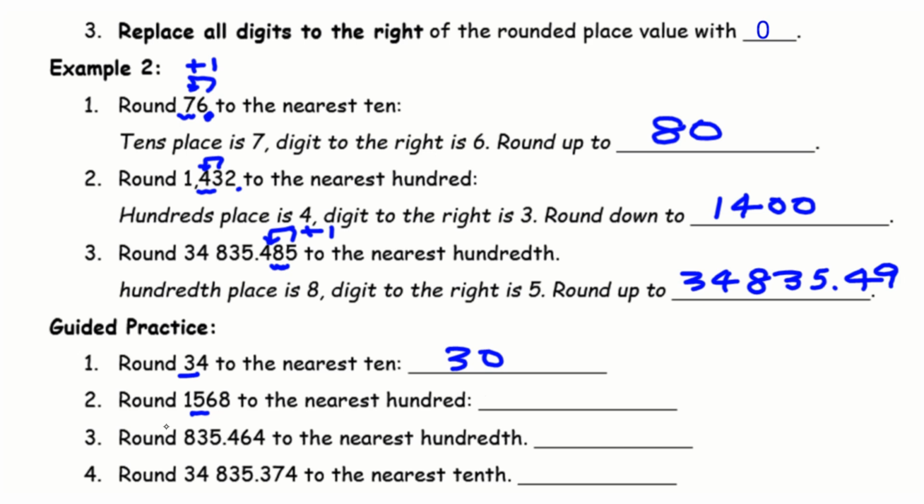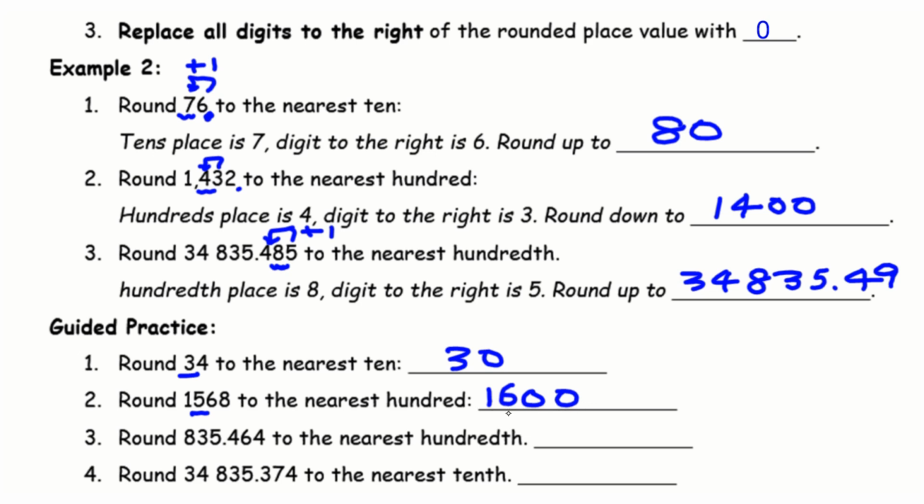We copy whatever the number from the left here. So 1600 stays here, and the numbers after the place value we change to 0. So 1568 to the closest hundred is 1600, not 1500.